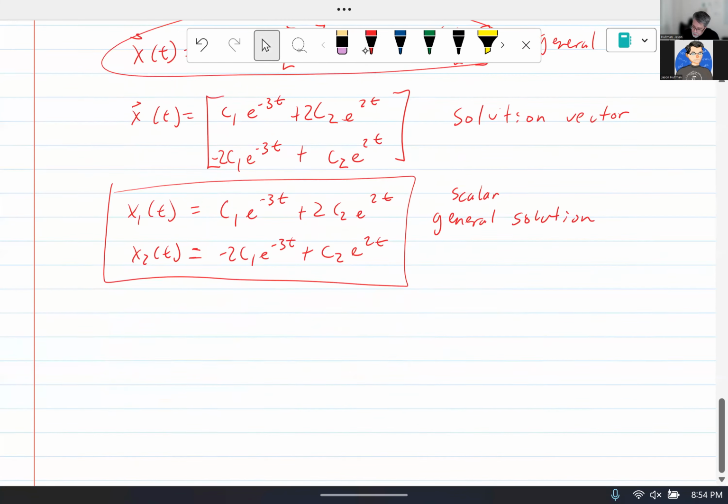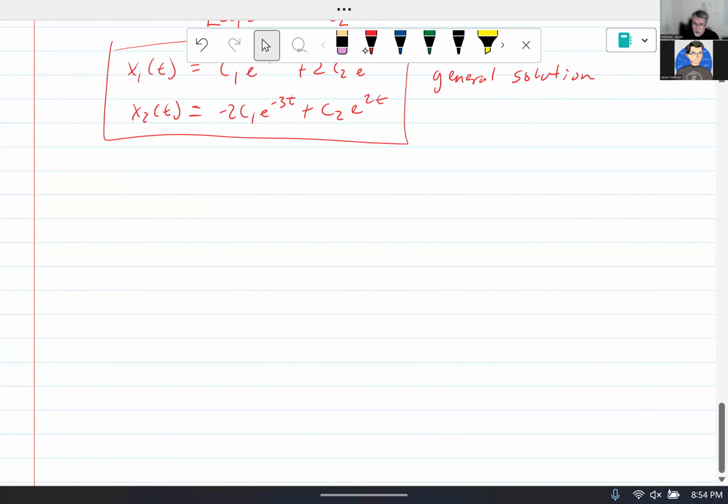This is all well and good if I have real eigenvalues. What happens if I have complex eigenvalues? Well, we can use the same process, but it's modified a little bit. We only need one eigenvalue and one eigenvector.